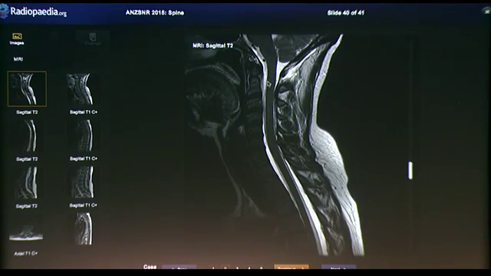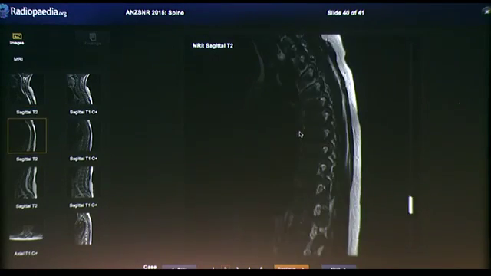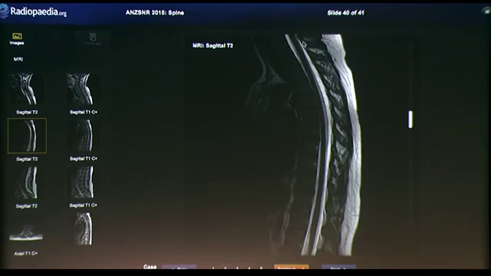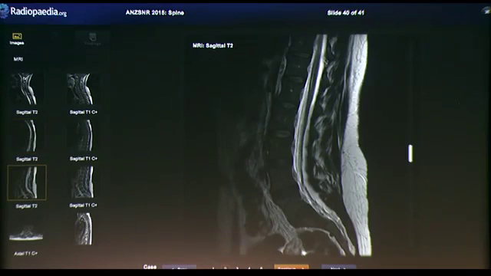So if we look at the sagittal T2 sequence, you can see the cord itself looks pretty normal. But then there's this unusual double appearance of T2 hyperintense stuff peripherally, then dura, and then T2 hyperintensity in the intradural space. And this continues all the way through the thoracic as well as the lumbar spinal canal.